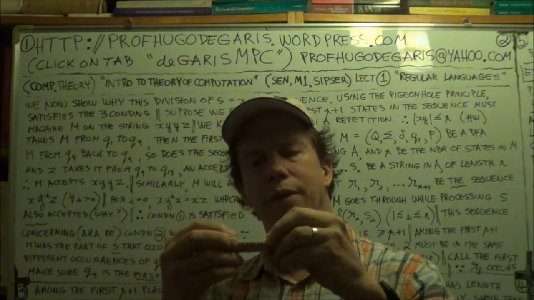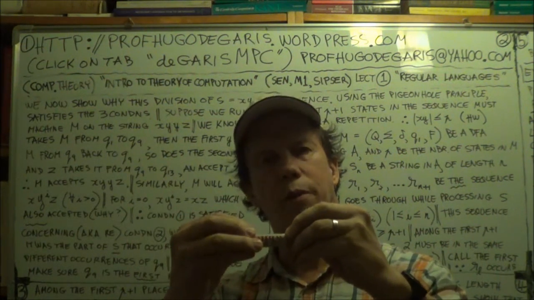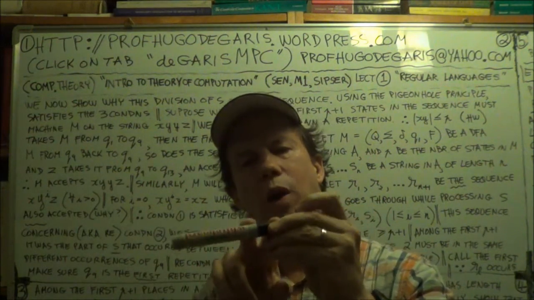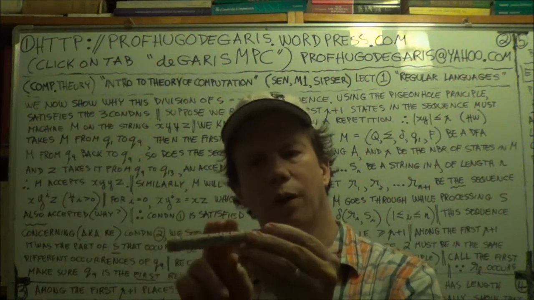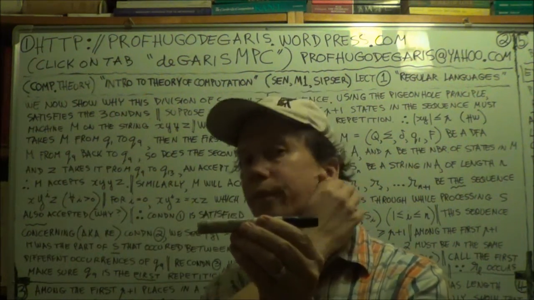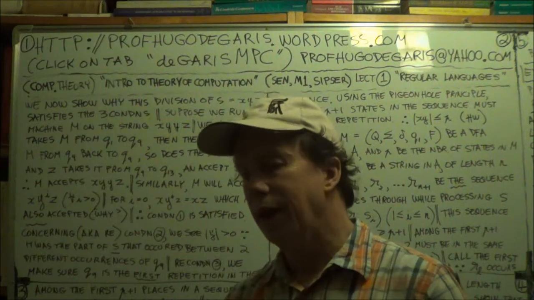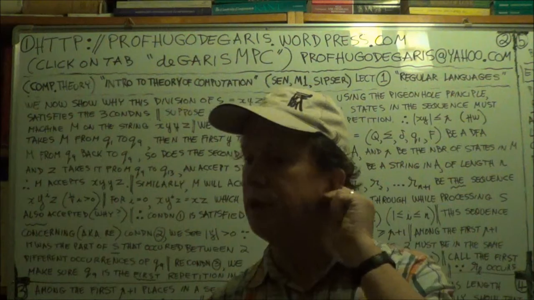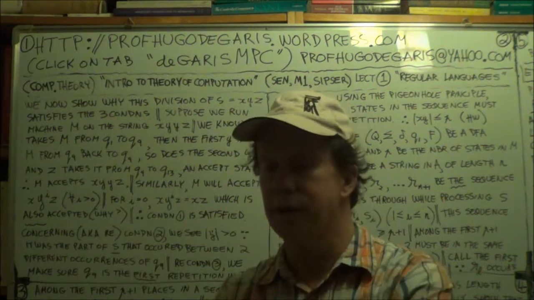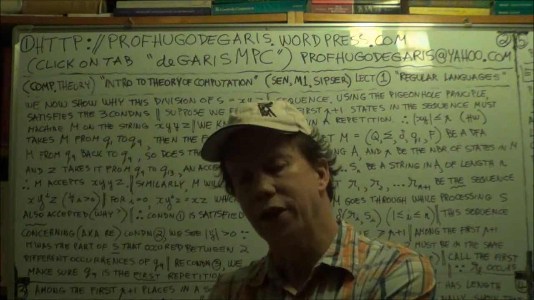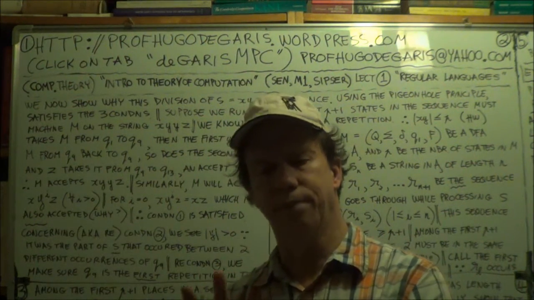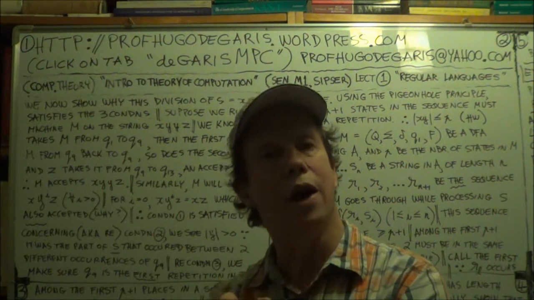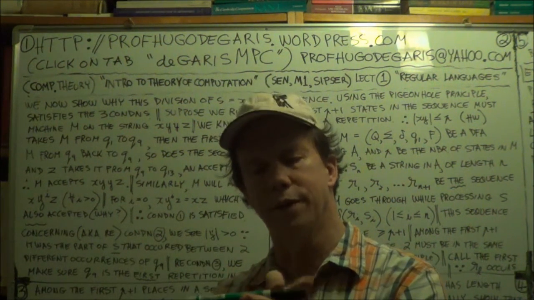A pumped string would have multiple copies of the y part: x, y, y, y, y, and then z. That pumped string is also a member of the language. So the pumped string is x, y to the i, z, meaning i copies of y.